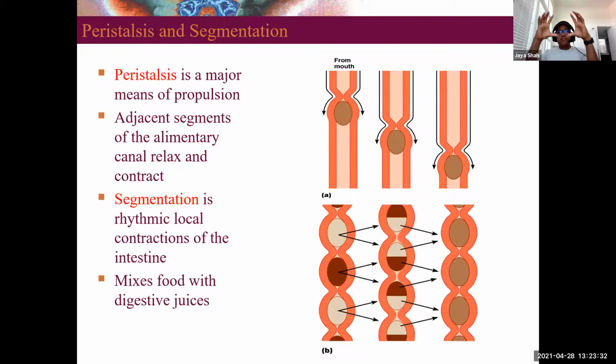When you contract through the diameter of the intestine, you are decreasing the length of the GI tract. That's why the length of the GI tract is around 9 meters in a live individual, and a dead body will have a bigger length because there is no contraction, it is relaxed.